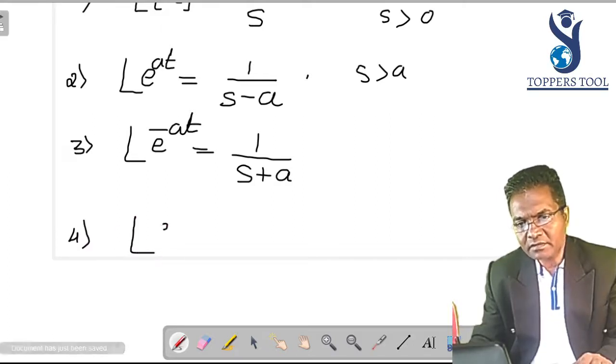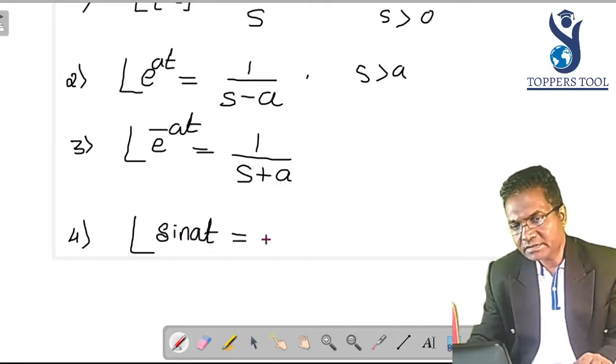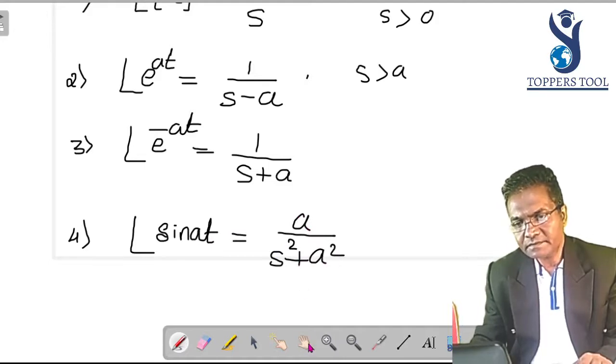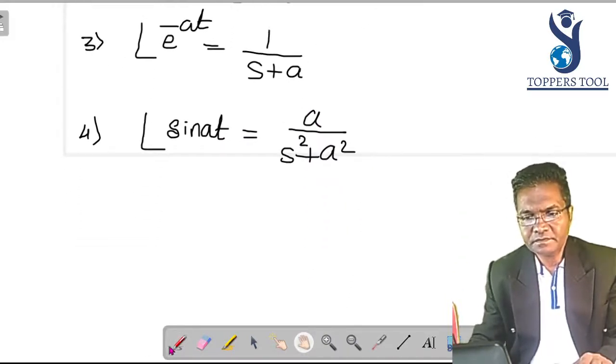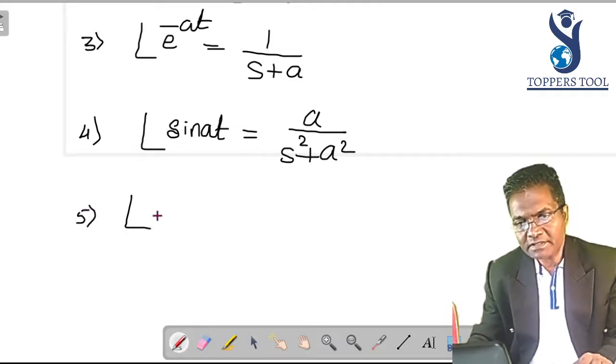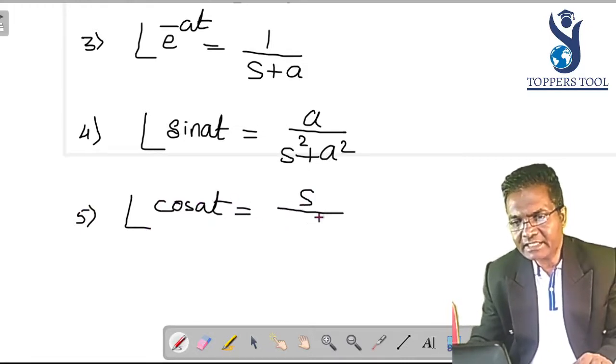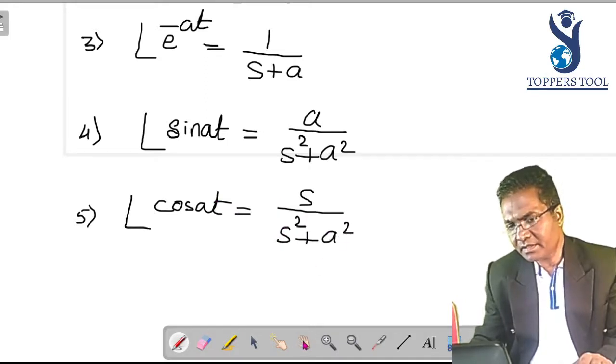Laplace transform of sine at is a by s square plus a square. Laplace transform of cos at is s by s square plus a square. Remember this.